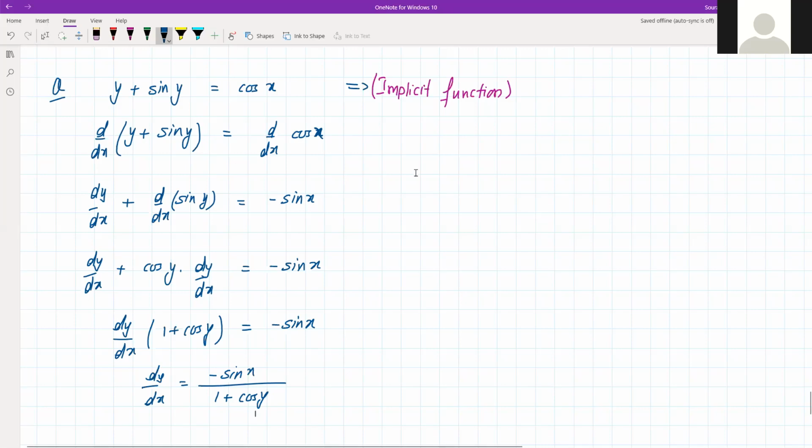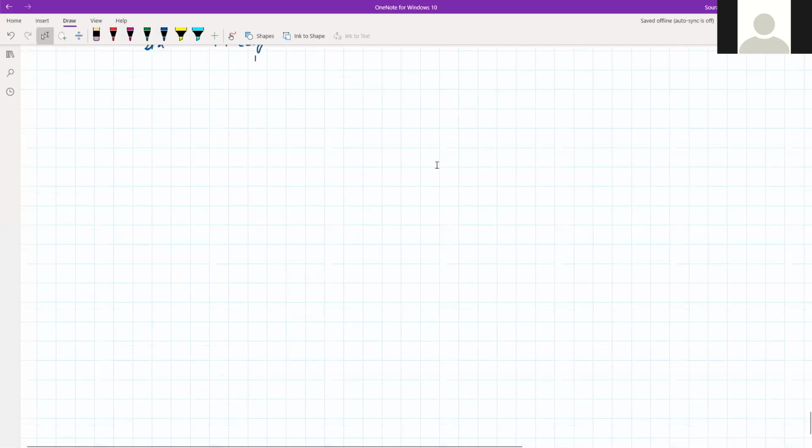The first method was the chain rule. The second is this method for implicit functions. There is a use of this implicit function. We have seen differentiation of sine, cos, tan, but we haven't seen differentiation of inverse trigonometric functions. So suppose we have to solve that now.